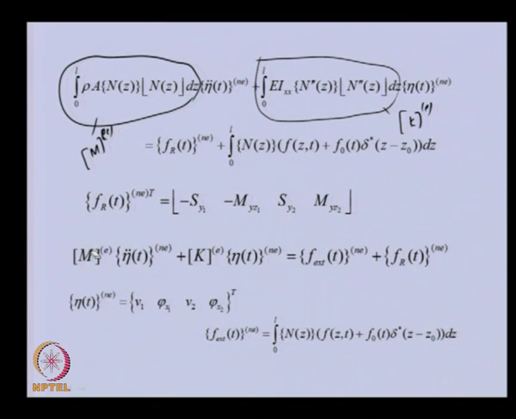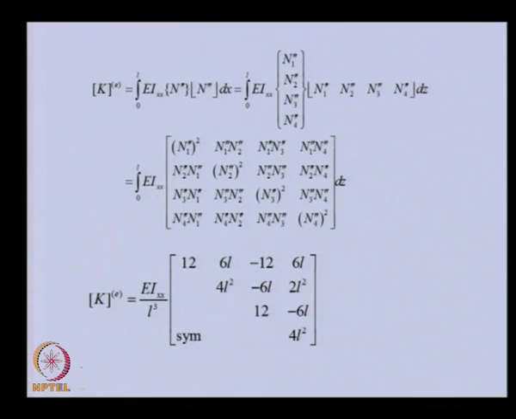Now let us see the explicit form of the mass matrix and the stiffness matrix. So, the stiffness matrix, as we expressed, is an integral. If we substitute and multiply these two vectors, we will get this, and each term we need to integrate with respect to z, because we know the shape function in the form of z.